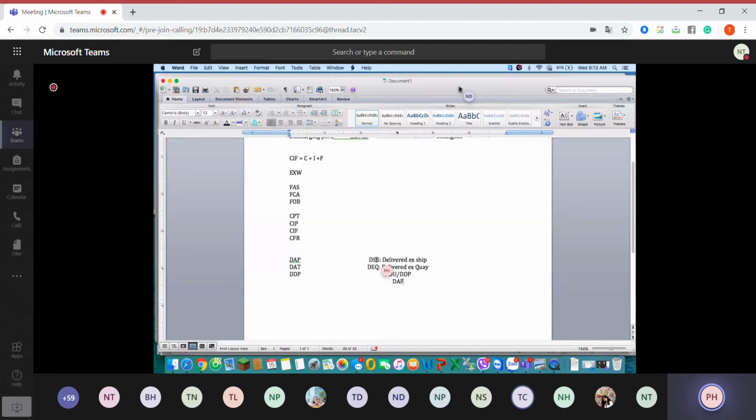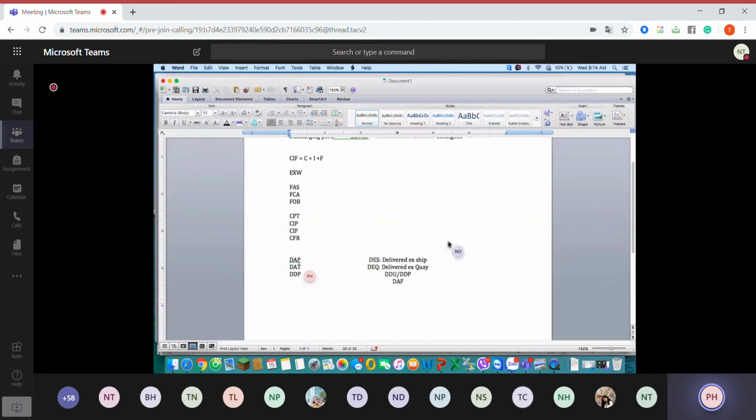Instead, the buyer has to unload the goods from the transportation mode. And DAT originated from the DEQ, which means the goods have already been unloaded from the vessel. In other words, the seller needs to do the unloading, and the buyer doesn't need to.